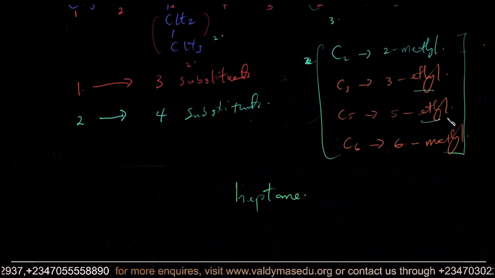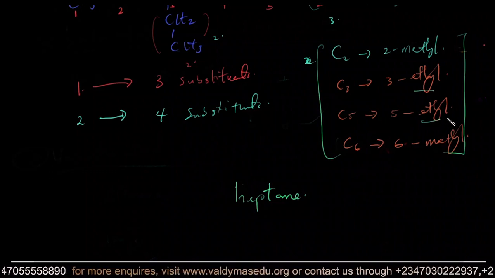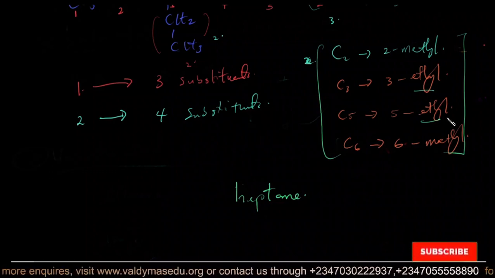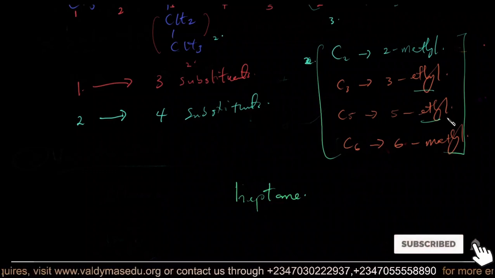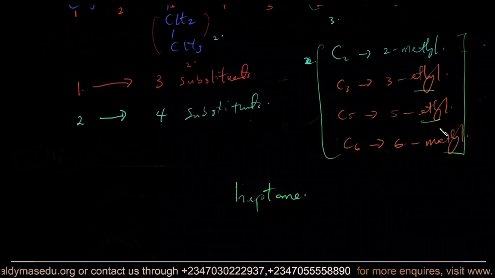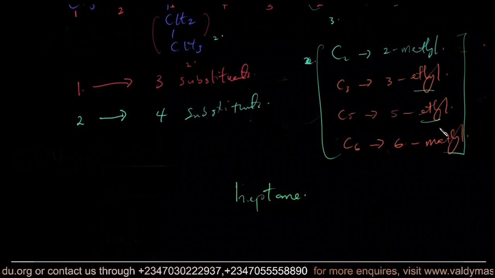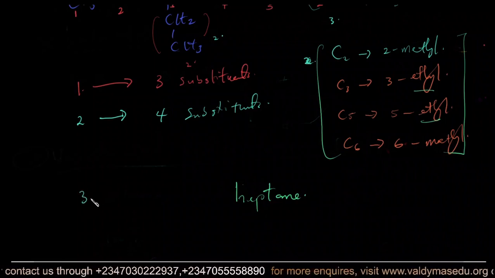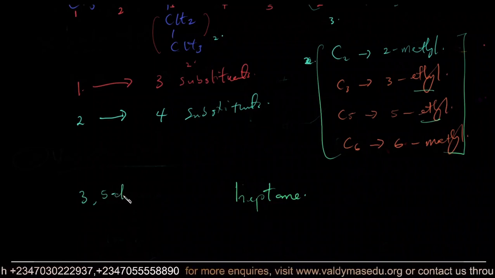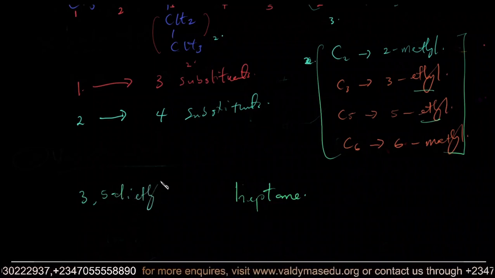Based on rules 5 and 6, you have to put di or tri once they occur twice or 3 times. Ethyl occurs twice and methyl occurs twice, so that should be 3,5-diethyl.